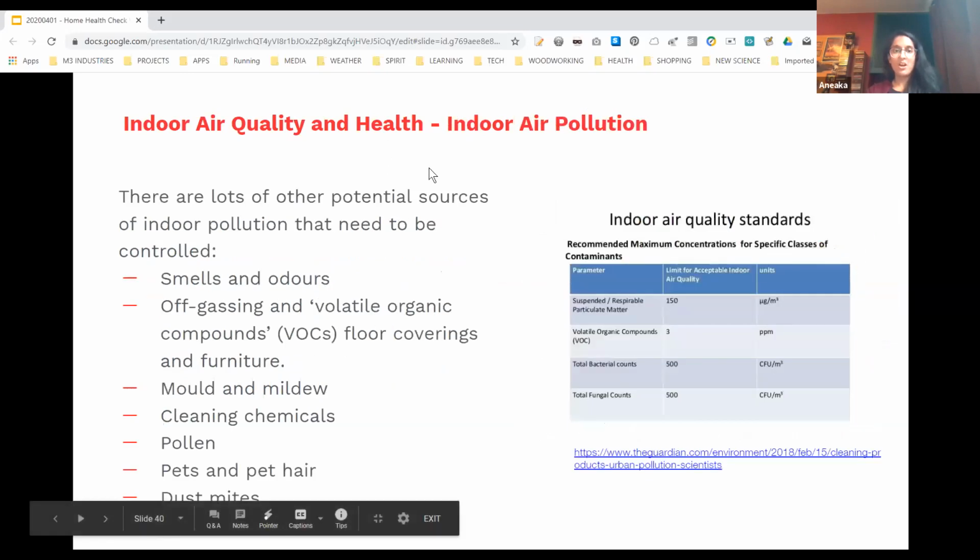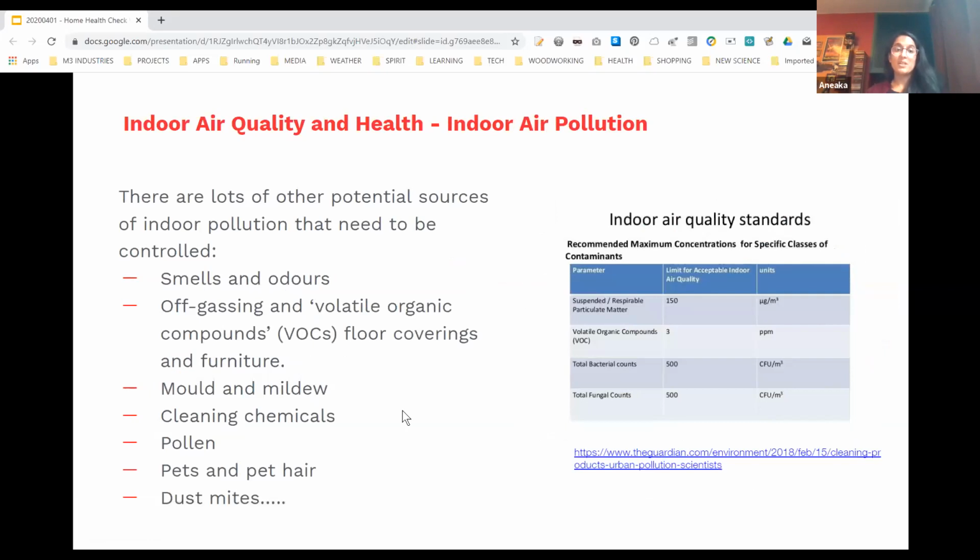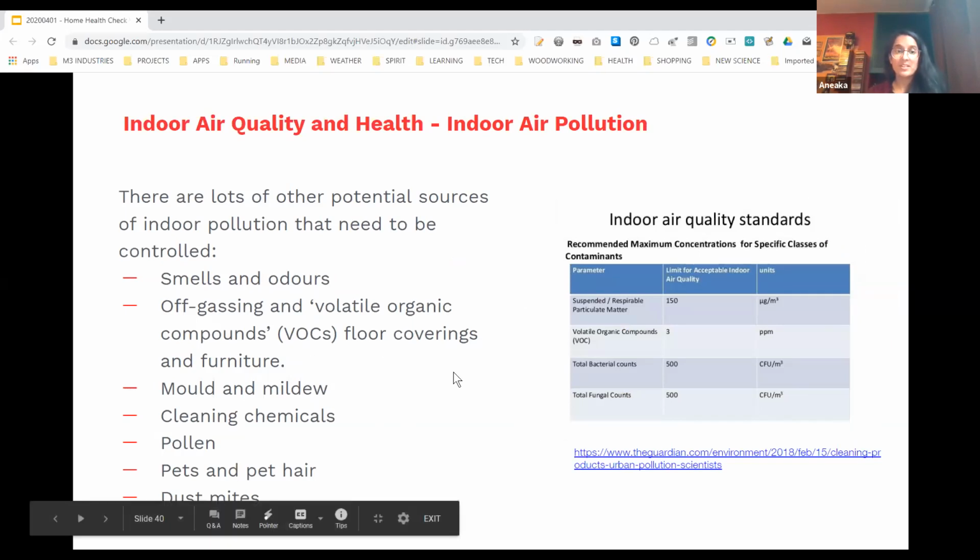Other sources of indoor air pollution that need to be controlled: volatile organic compounds, VOCs, which you can get in paints and new mattresses. I got a mattress recently that smelt so bad that even after 3 weeks of trying to air it, we had to send it back. Also new carpets, new sofas, mold and mildew, washing up powder, other cleaning products, pollen, dust mites, and smells from cooking and bathroom use.